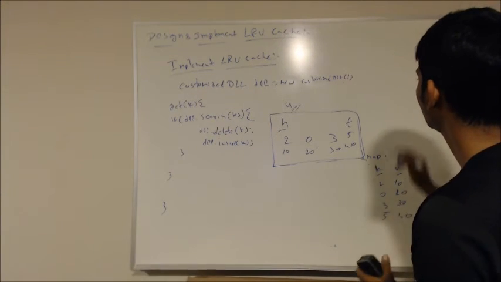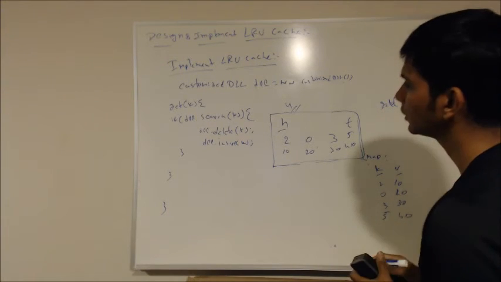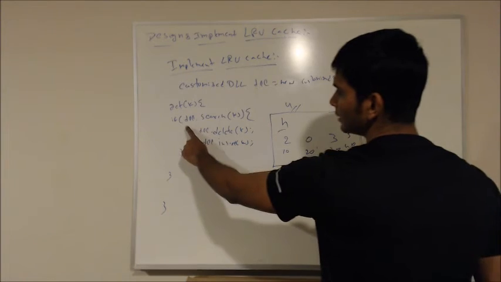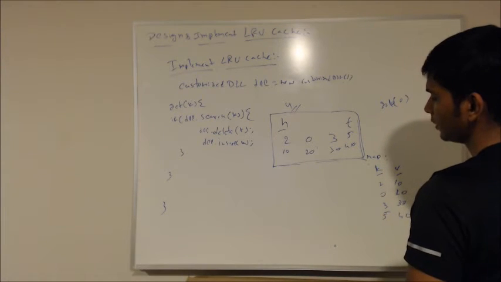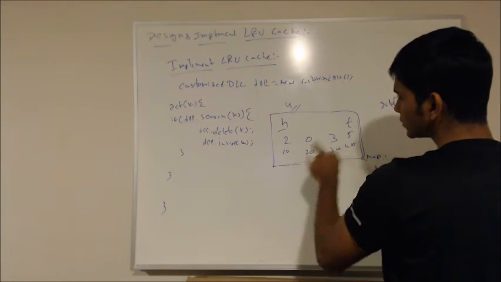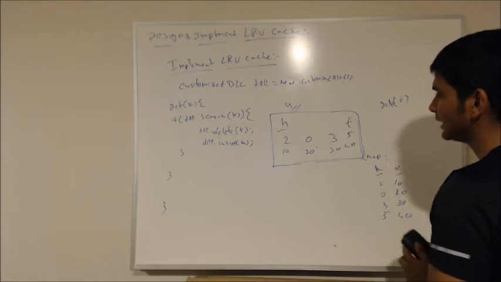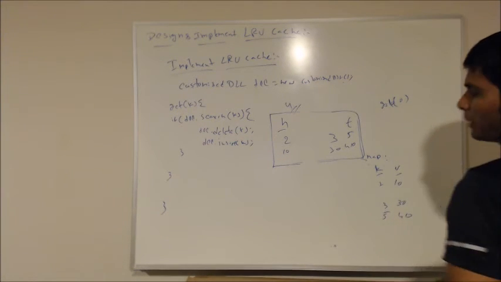Next, let's call get on 0. So what happens when we call get on 0? Again, it searches for 0 in the map. Yes, 0 is present. Then what does it do? It calls DLL delete. So in the double linked list, we are doing a delete operation. That means it is deleting from both the double linked list and also from the map.